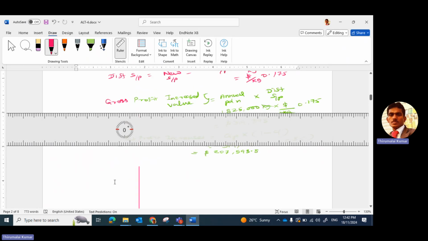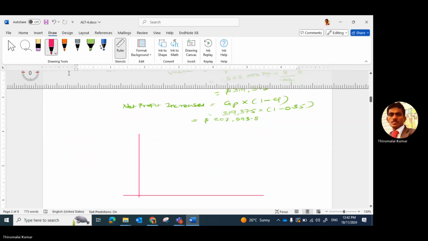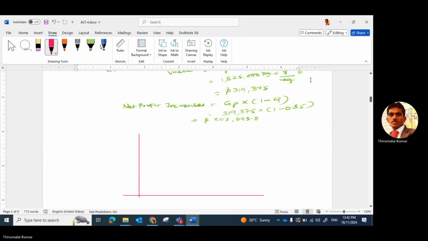So here you find net profit, and here you can put the increased value. At a 10% increment, the net profit is approximately 207,000.